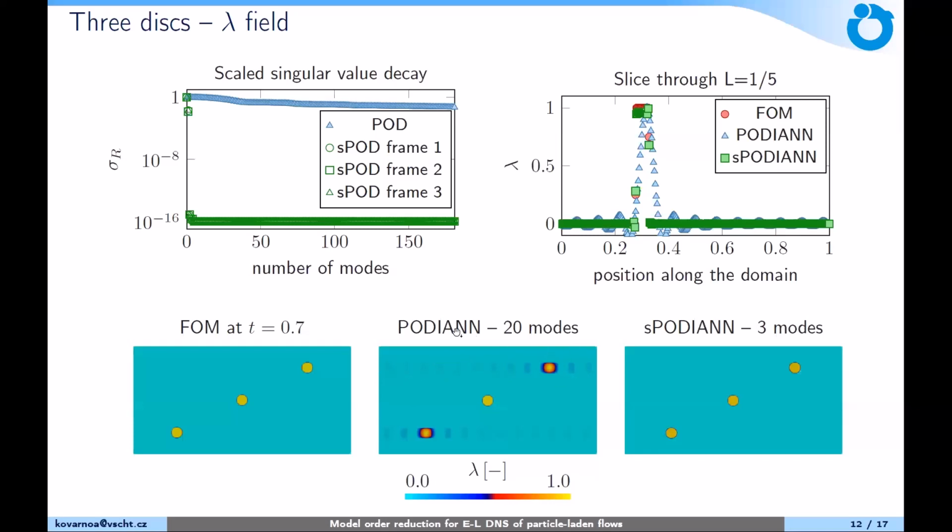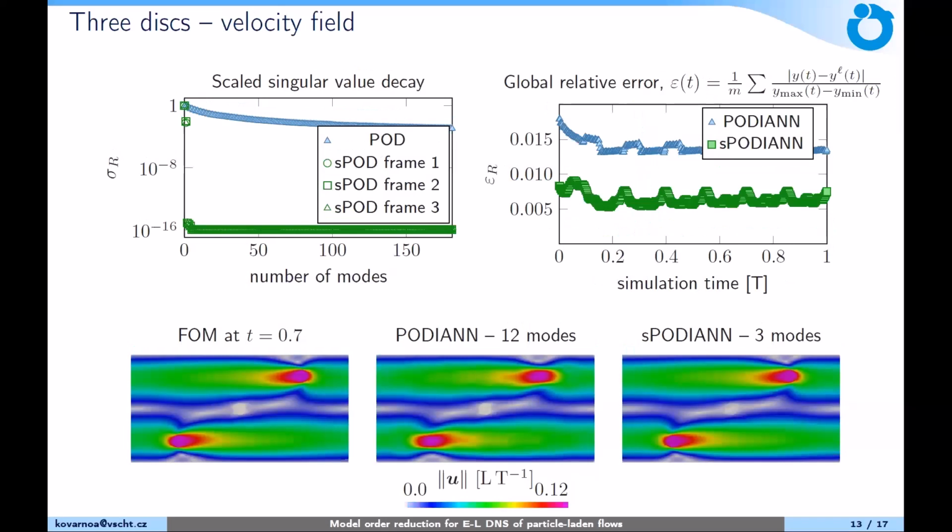However, shifted POD is able to sort the data into their own frames of reference. It needs just 1 mode for each frame, and that is 3 modes in total. A pretty similar thing, maybe less severe, holds for the velocity field generated by those disks.